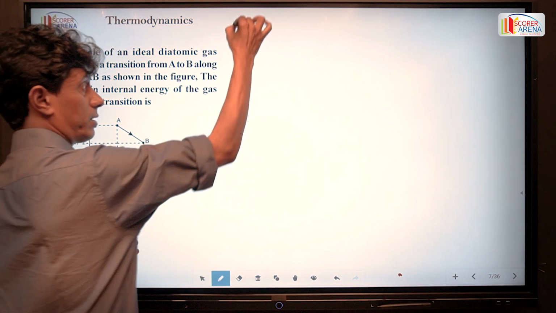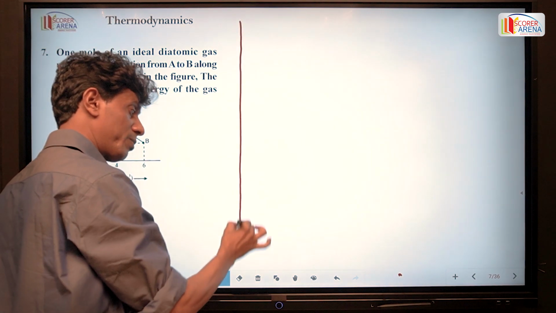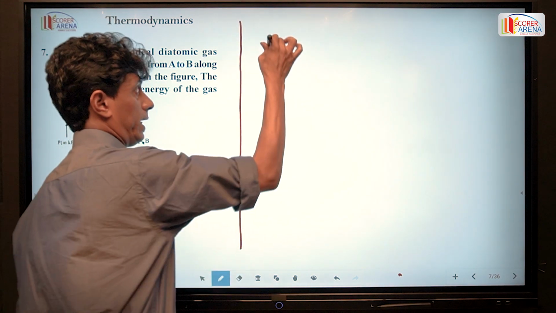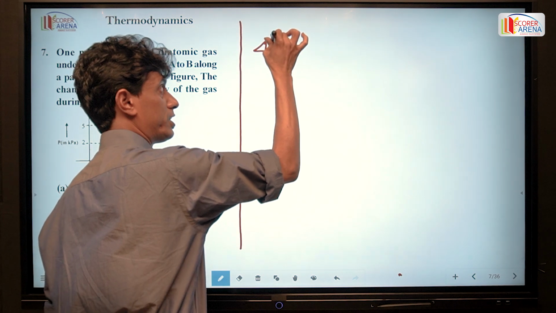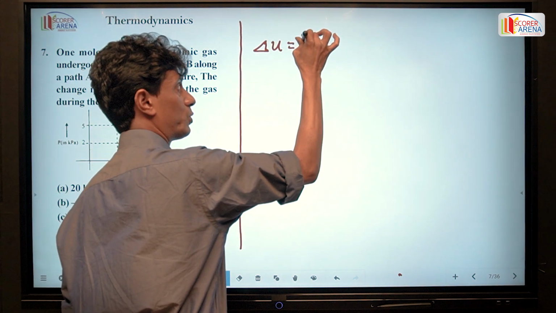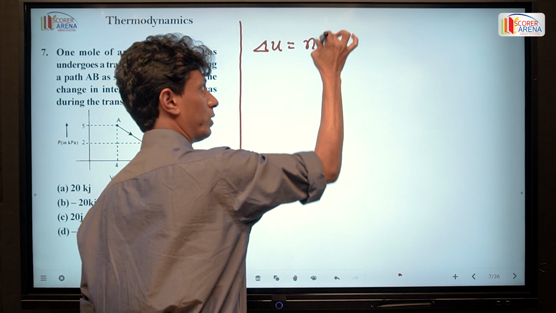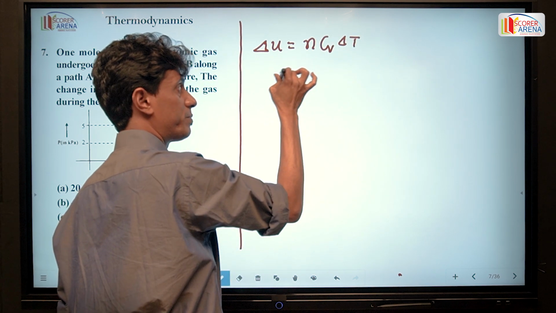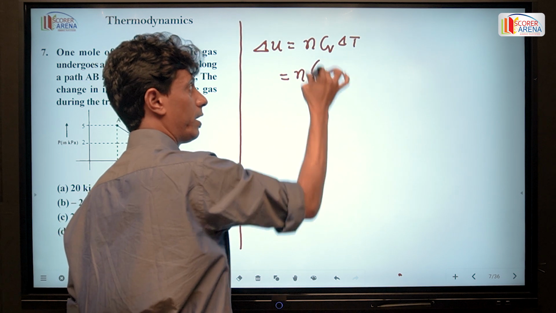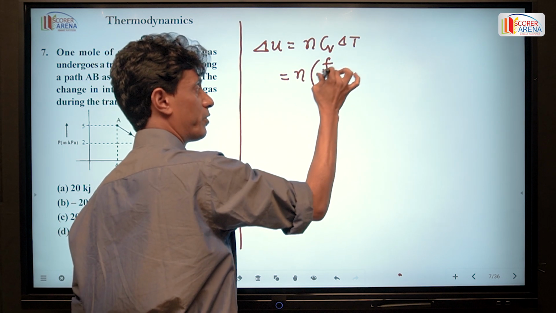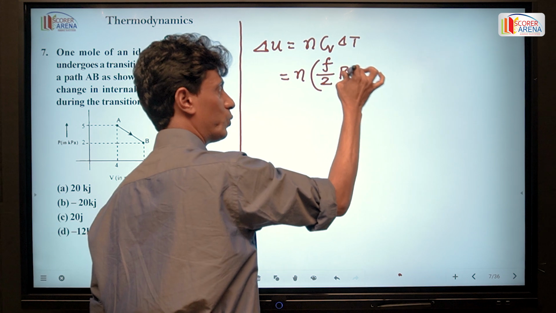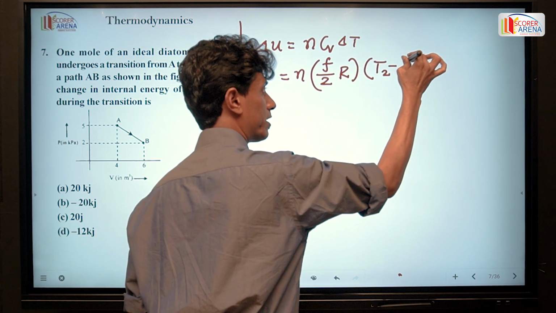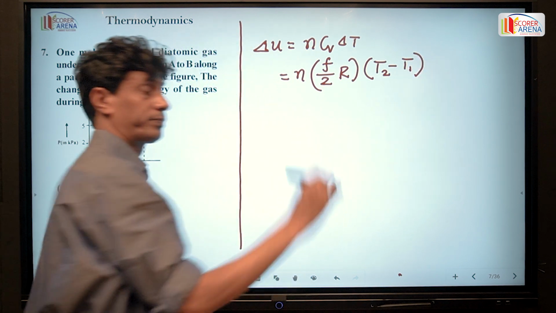Let us discuss before solving this problem. If I say the change in internal energy is equal to, as we already discussed, n Cv delta T, and Cv in terms of degree of freedom is equal to f by 2 into R, into delta T, that is final temperature minus initial temperature.